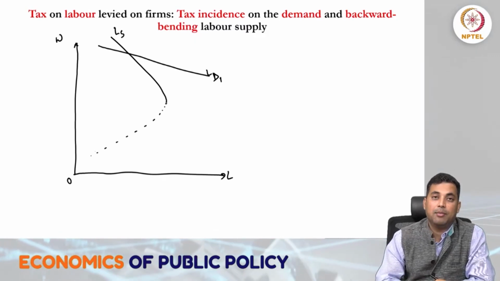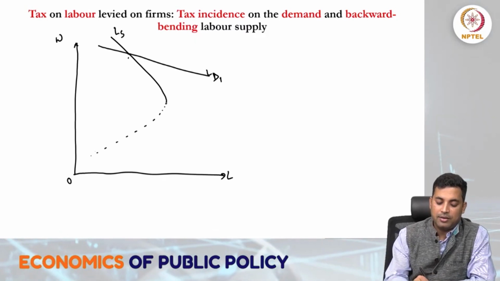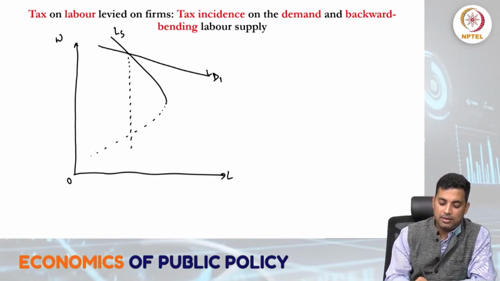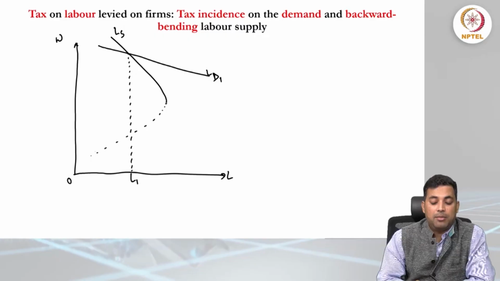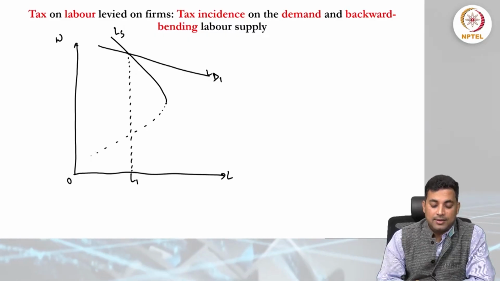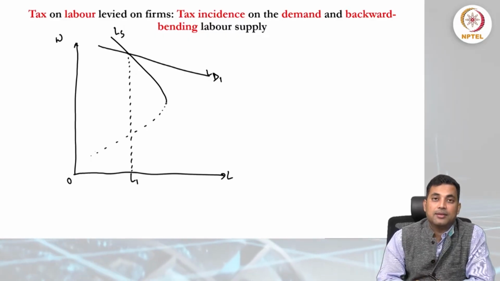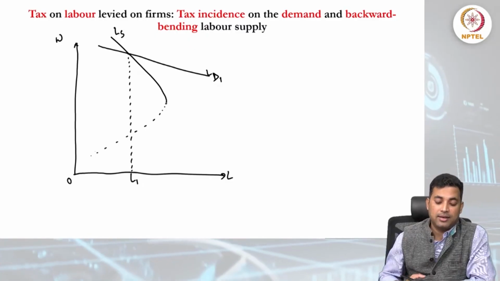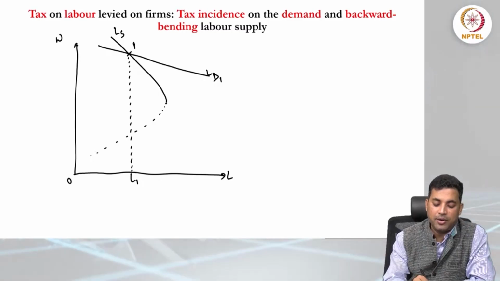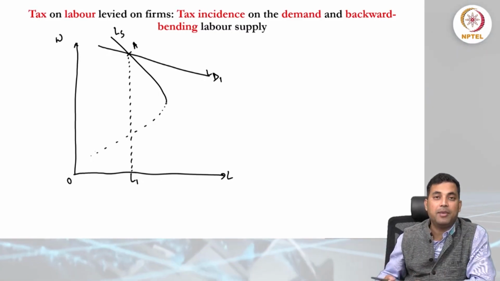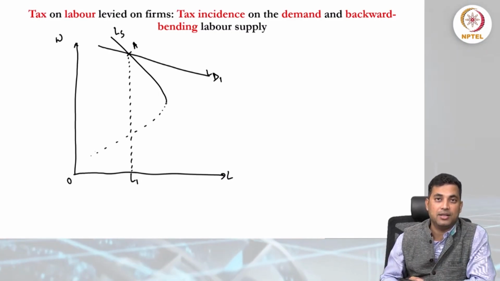We can say labor demand 1. So here it is L1, the amount of labor, the employment that the firm is producing at the initial equilibrium point A, where labor demand and labor supply intersect each other.